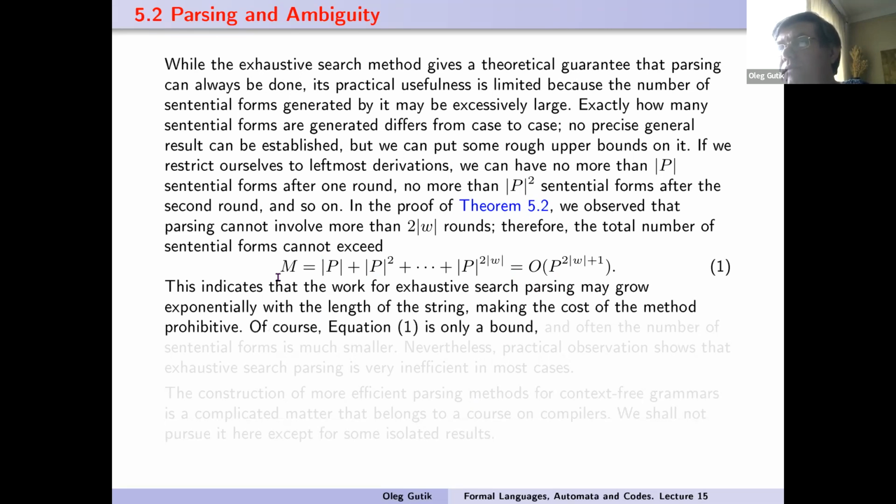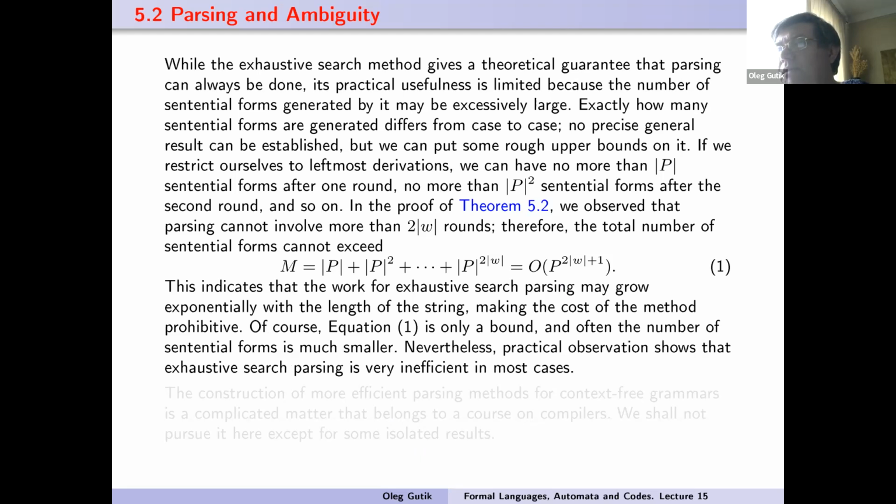Of course, the equality is only an upper bound, and often the number of syntactical forms is much smaller. Nevertheless, practical observations show that the exhaustive search parsing is very inefficient in most cases.